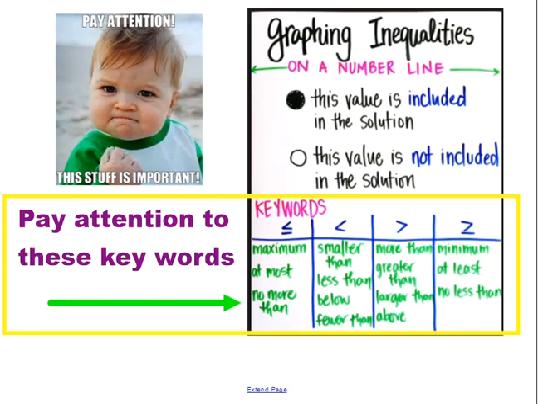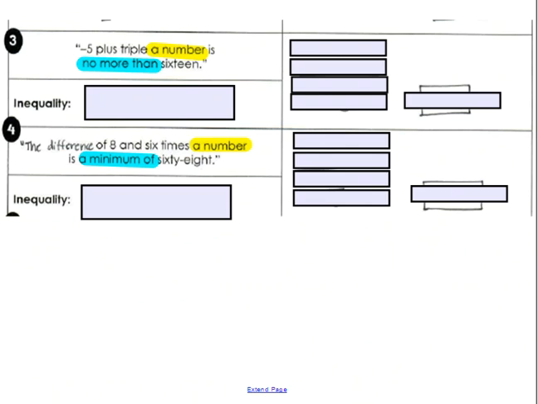All right, I'm going to do a couple more with you and then have you try some. Negative 5 plus triple a number, which just means 3 times a number, is no more than 16. So negative 5 plus 3 times a variable will be no more than 16.